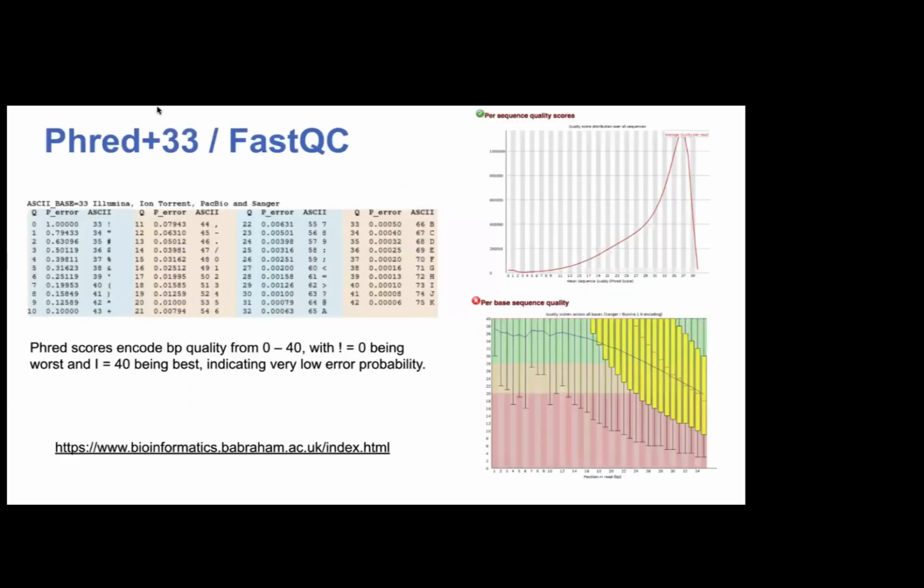So this is the Phred score as an example. There are different ways it can be encoded, like Phred 33, and some other ones. But the idea is that we have a quality that usually goes to 40. I don't know why there's 42, but I think 40 is usually the best the machine will output.